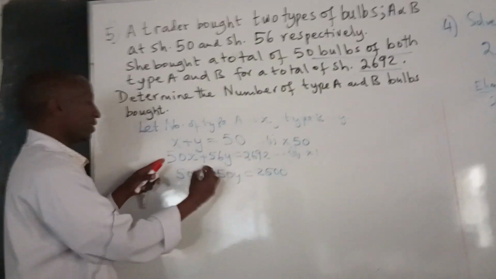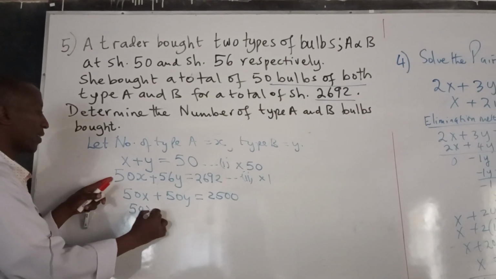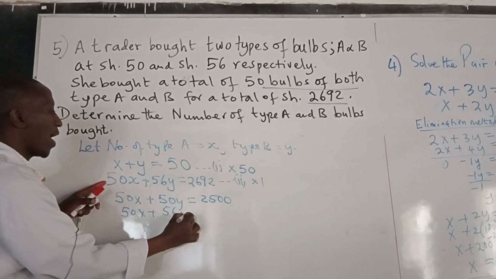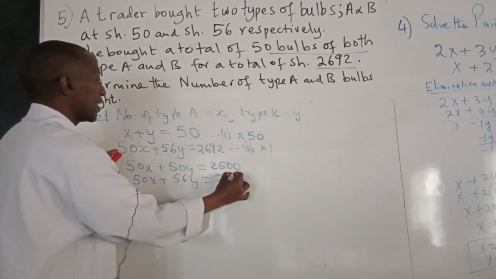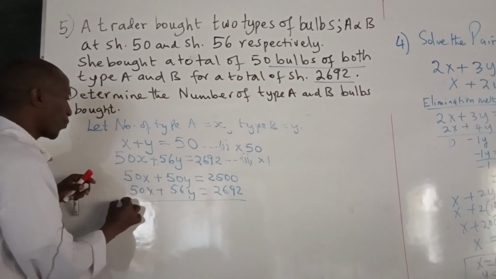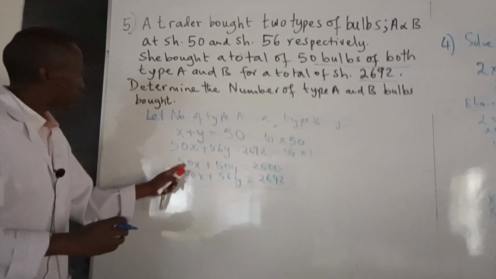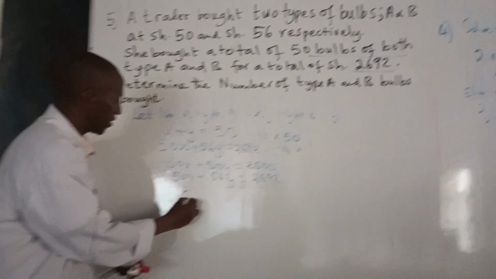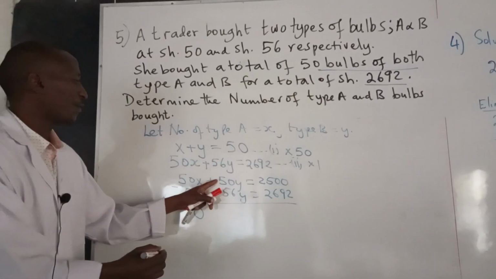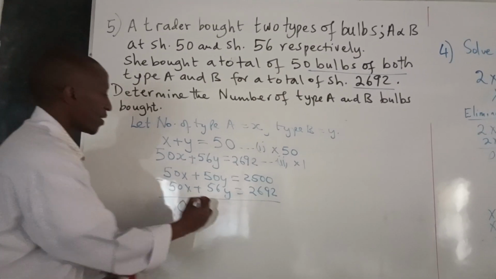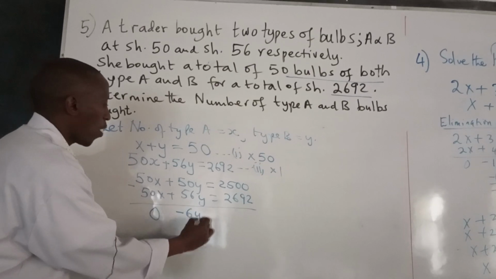Equation 2 remains as it is, 50X plus 56Y equals 2692. We subtract the two, and 50X minus 50X gives us 0. 50Y minus 56Y gives you negative 6Y.